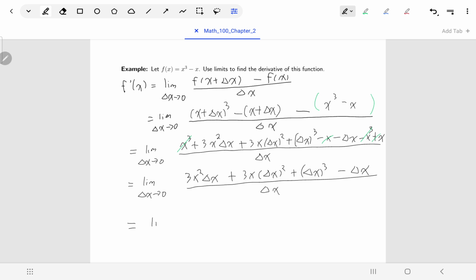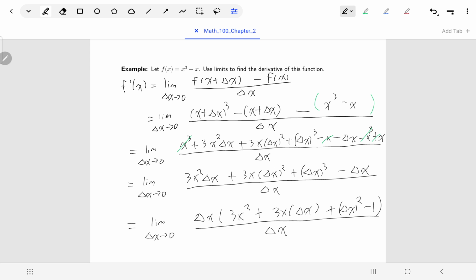So actually, that's my next move. I'm going to say, well, why don't I look at the limit as delta x approaches 0 of, and factor delta x out of all of my terms, leaving 3x squared plus 3x times delta x plus delta x squared minus 1. And now I can cancel. I can say, great, delta x's can be canceled from the numerator and the denominator. And so now I'm ready to finish things off. So I have now the limit as delta x approaches 0.